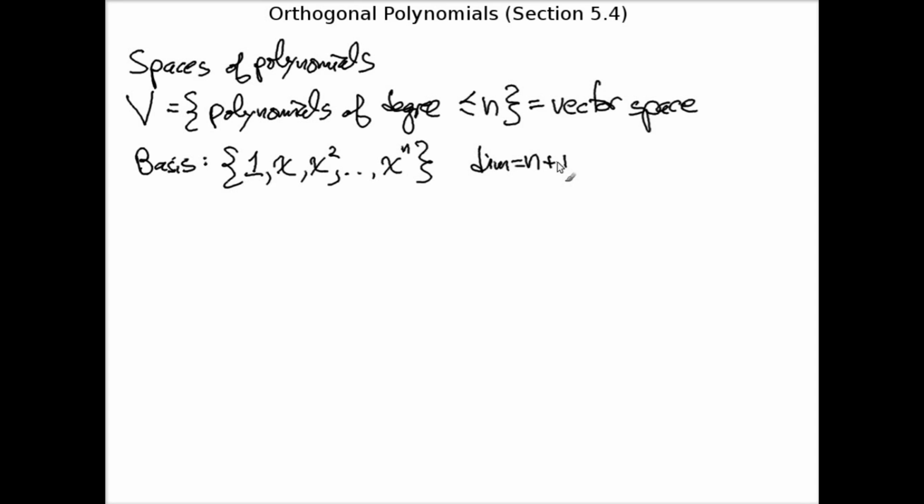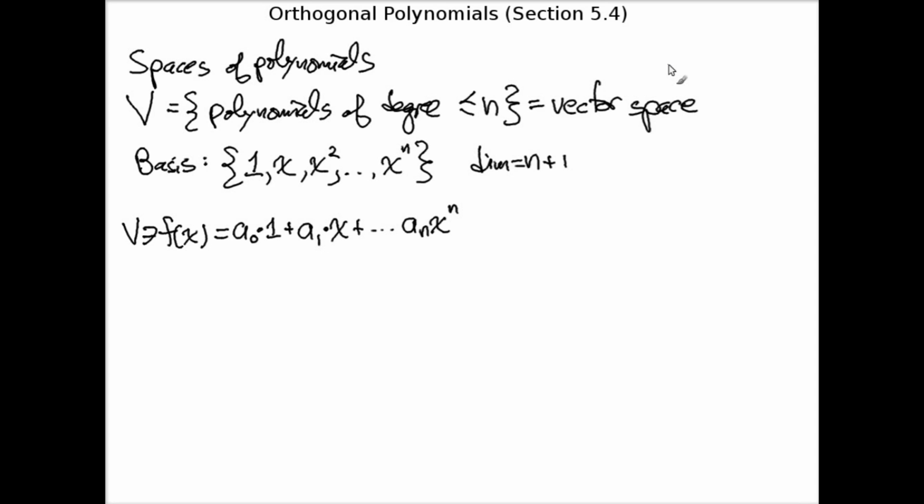And to say that this is a basis is to say that if you take any polynomial of degree less than or equal to n, it can be uniquely expressed as a linear combination of these, which is its a0 times 1 plus a1 times x plus dot dot dot an times x to the n. And that's more or less the definition of a polynomial of degree less than or equal to n. So that's just a reminder of what we're talking about when we talk about spaces of polynomials.